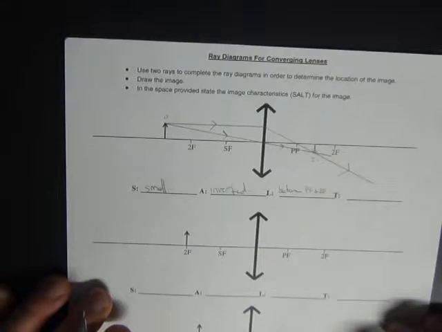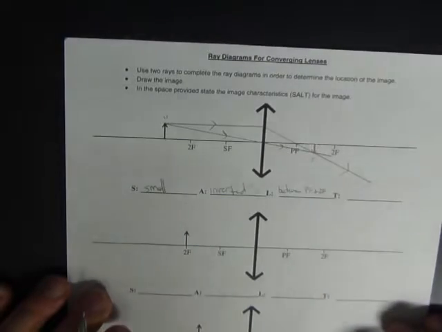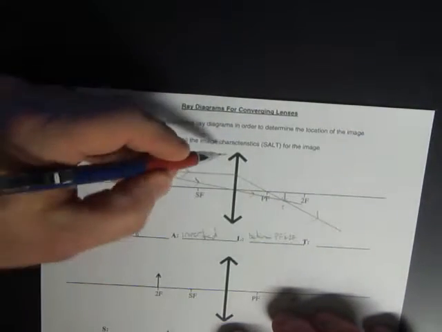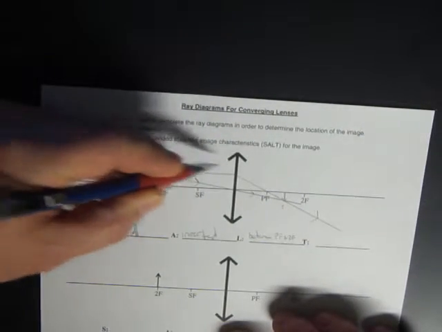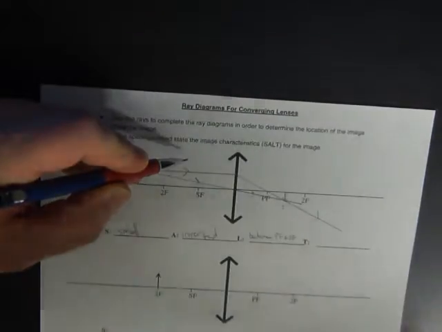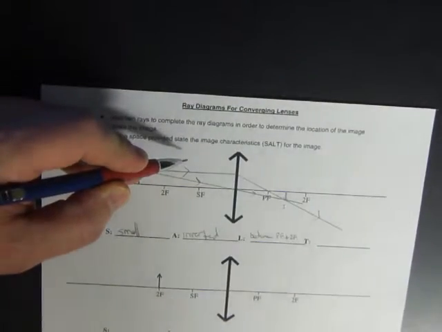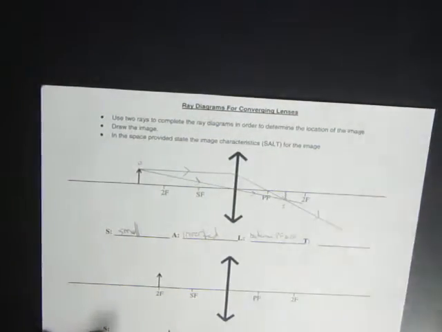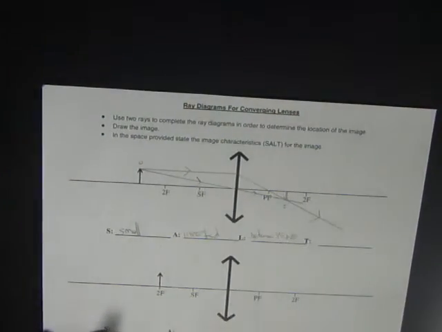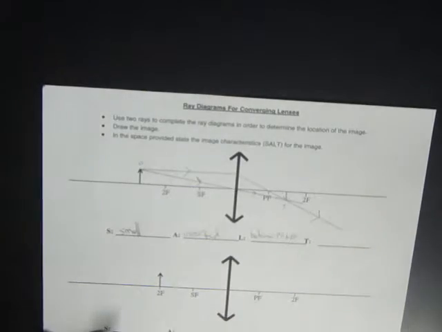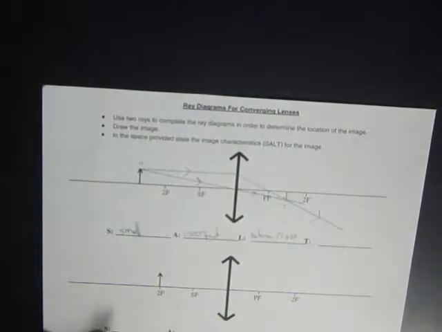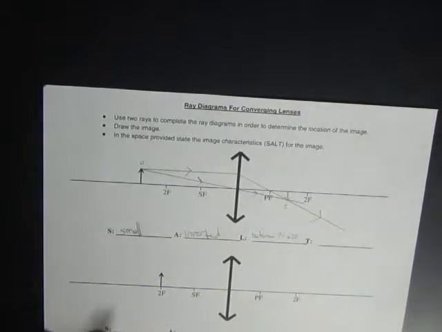Now, the type. This is different than for mirrors. All right? For a mirror, we expect the light to reflect back. And the real world for a mirror is in front of a mirror. For a lens, because it's transparent, we expect the light to go through. Light should go through a lens. It's transparent.